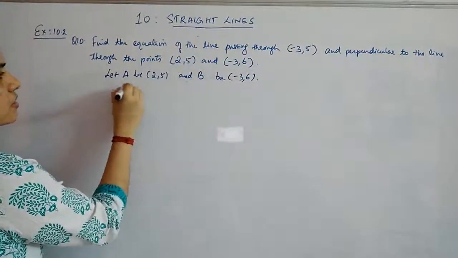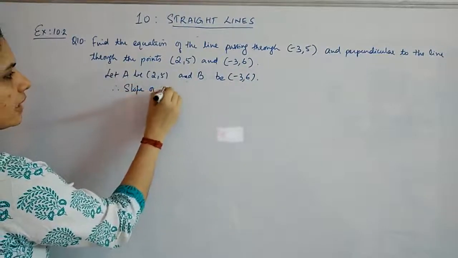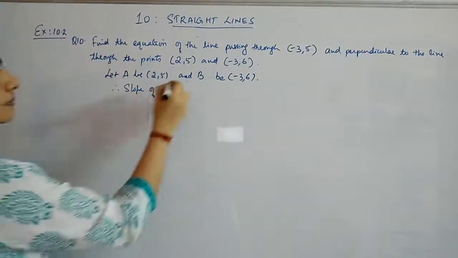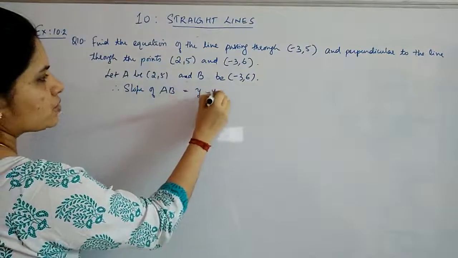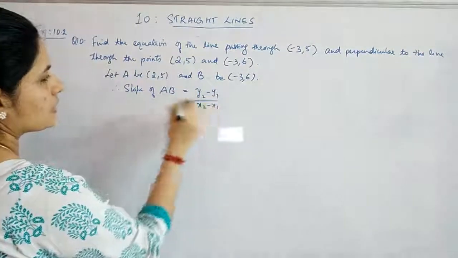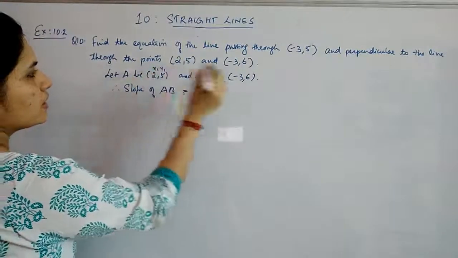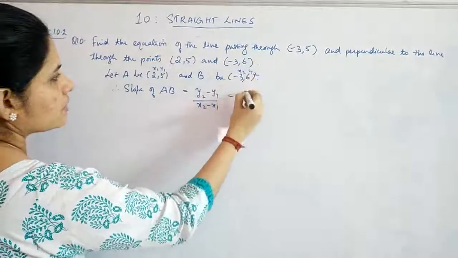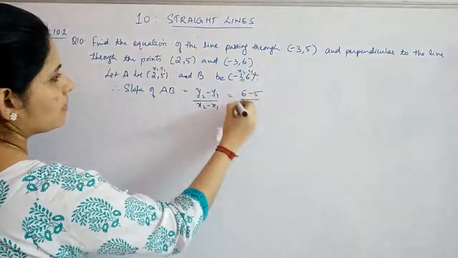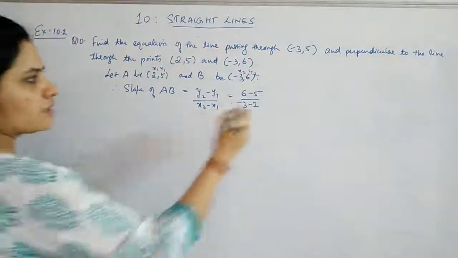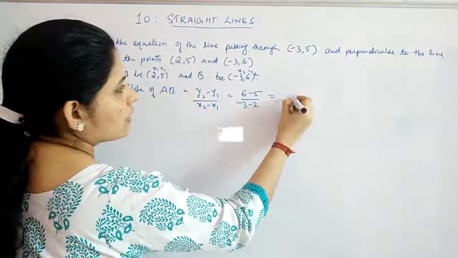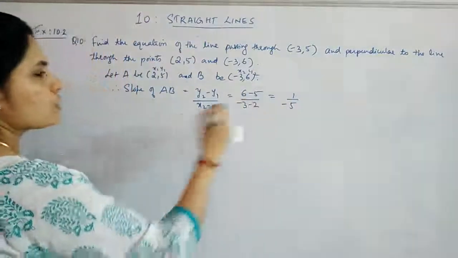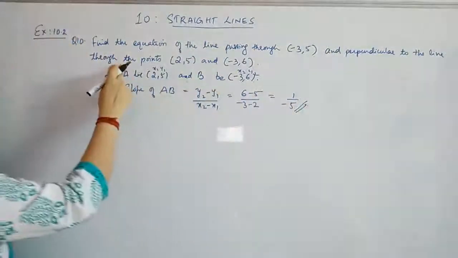Then the slope of the line AB will be, what is the formula? (y2 minus y1) by (x2 minus x1). Here this is your x1, y1, this is your x2, y2. So you will get (6 minus 5) by (minus 3 minus 2), which is equal to 1 by minus 5. So this is the slope of the perpendicular line.